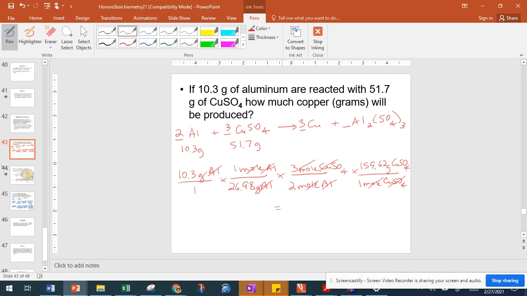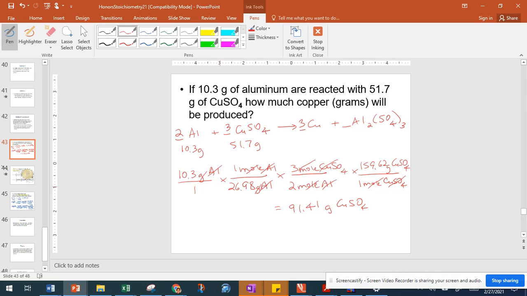So let's calculate how much we have. Okay, so when we calculate that out, we get 91.41 grams of copper 2 sulfate are needed to react with 10.3 grams of aluminum.